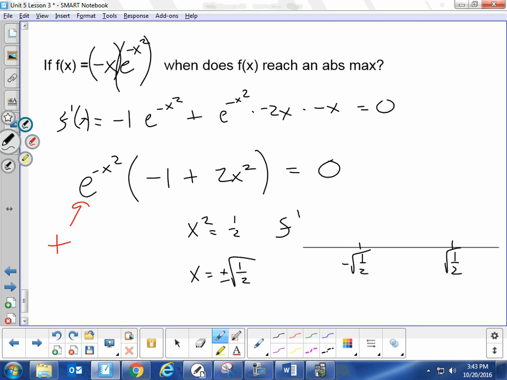Okay. Now, what's great is that I can use a test point like 0. Again, this is always positive, so I'm just looking at this term, since it's always going to be a positive times something. If I plug in 0 in here, I get -1, so that's a negative, which means this is a negative. If I plug in something over here like -2 or -5, again, this will be positive no matter what.